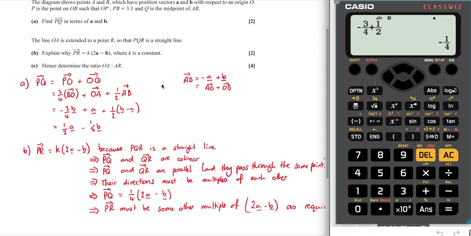So it then asks us to hence determine the ratio OA to AR. Right, what are we going to do on that one? Let's look back at our diagram.